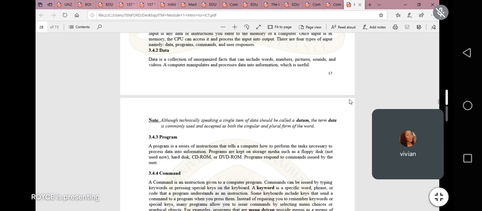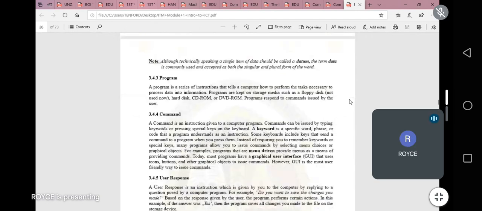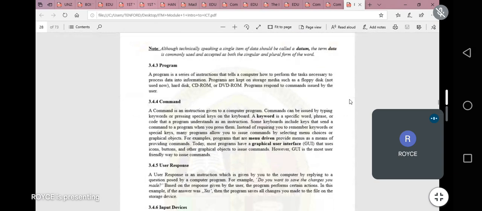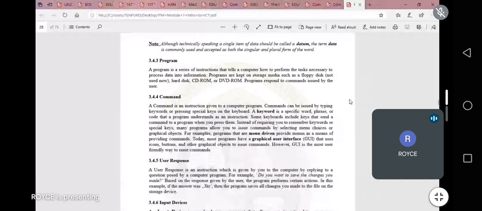Great. The other one is a program. A program is a series of instructions that tells a computer how to perform certain tasks, or how to process data into information. Programs are kept on storage media such as floppy disks.